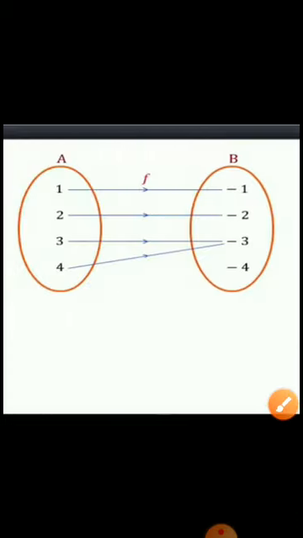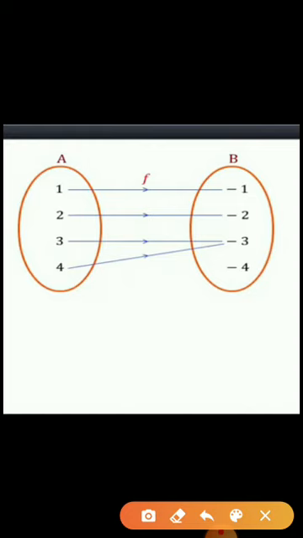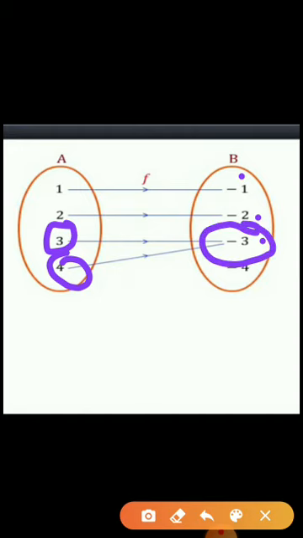Now see here, we have 1 is mapped to -1, 2 to -2, 3 to -3, and 4 to -3. Can I say, is it a 1-1 function? No. Why? Because 3 and 4 both are mapped to -3. Two distinct elements are having the same image.